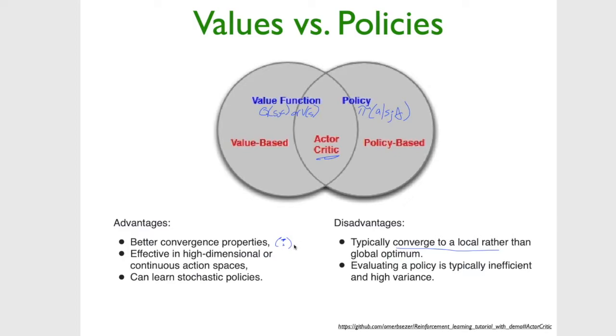So you're converging to something, but you don't know if it's going to be just some local optimum or something that's actually close to the best policy you could have. But they are very effective for high dimensional spaces, and it makes continuous action spaces easier. So if your actions are continuous, or the space is very large, whatever way you can represent this function, it's easier to represent it, rather than having to enumerate all states and actions and put them in some big space, because the thing you're optimizing here is the thing that you actually want as your output, right?